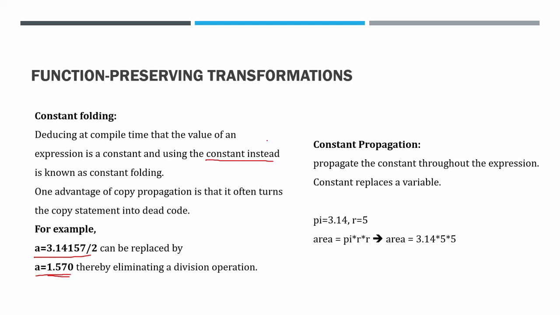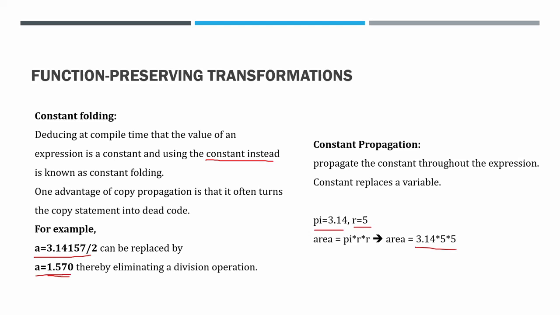Next one, constant propagation. What does constant propagation mean? For example, if pi is equal to 3.14 and r is equal to 5, here the constants replace the variable, so area equal to pi star 5. If you know that this pi or r will be used only once, we can directly substitute the constant instead of using pi star r star r, that is 3.14 star 5.